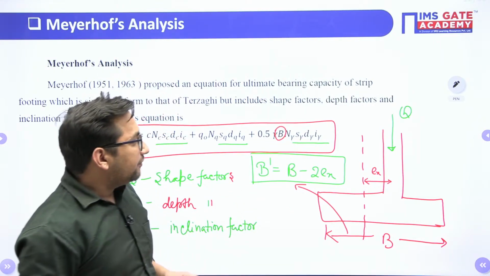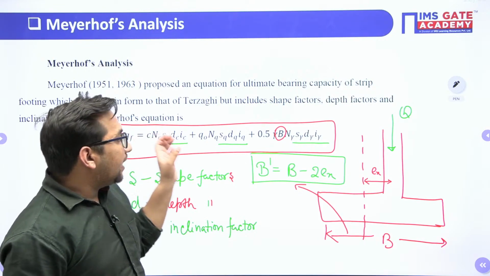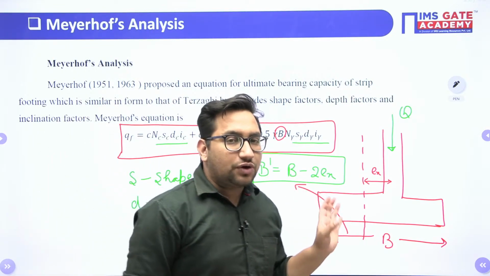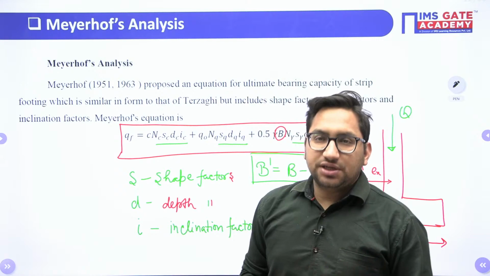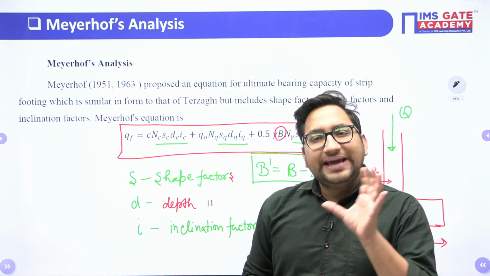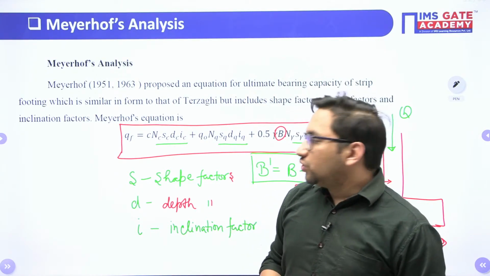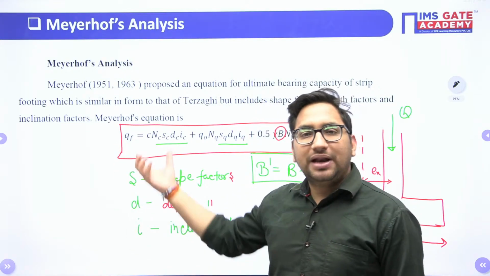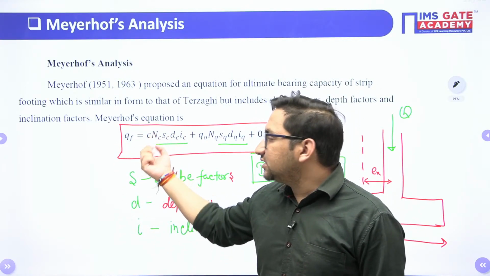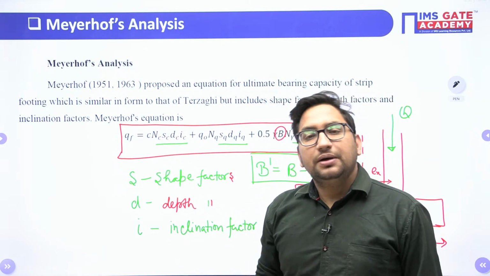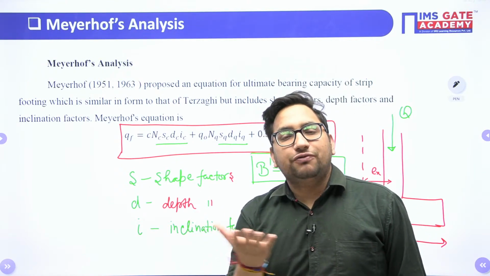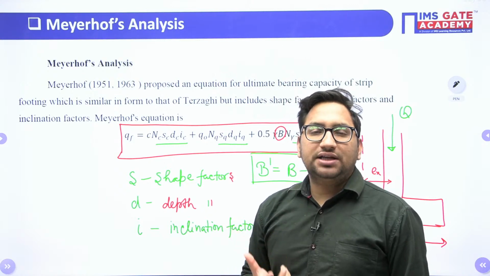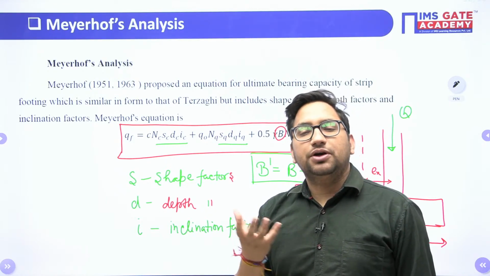Also, if the load carrying capacity is asked to you, all these formulas are for the bearing capacity. If load carrying capacity is asked to you, you should know that these are the value of stresses or pressure. If you multiply these pressure values with the area of base of foundation, then you are going to get the load carrying capacity of that particular foundation, right?